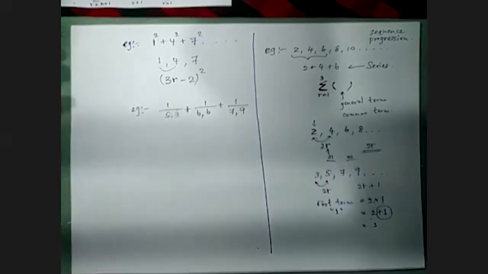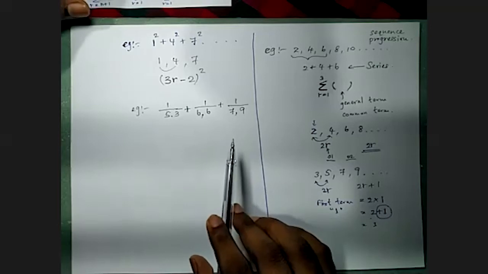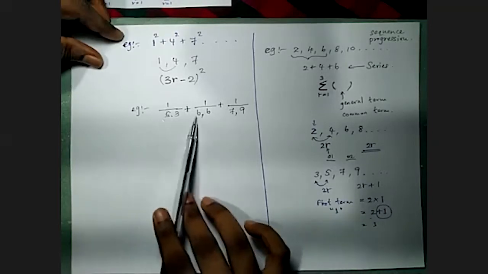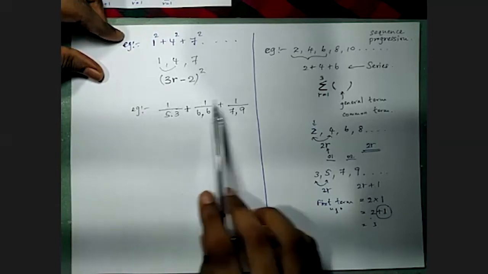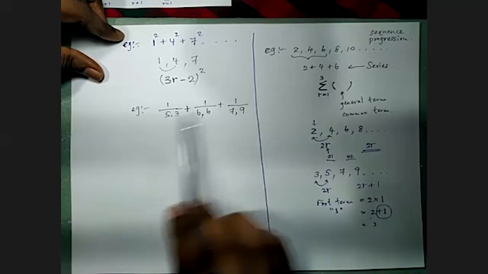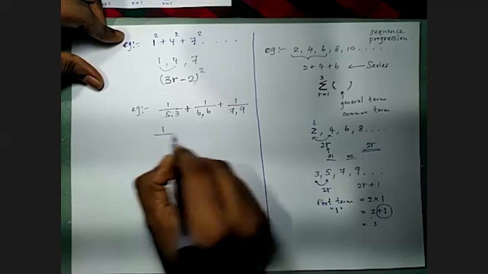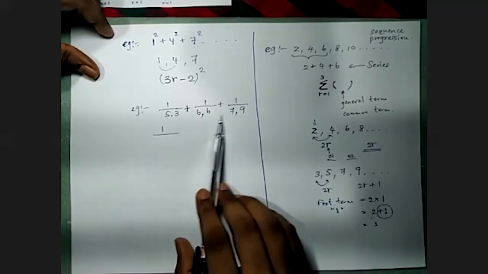For this particular series, we have to consider the numerator and denominator separately. In the numerator, we have 1, and this entire series has 1 as its numerator. No change for that. Then take the denominator.